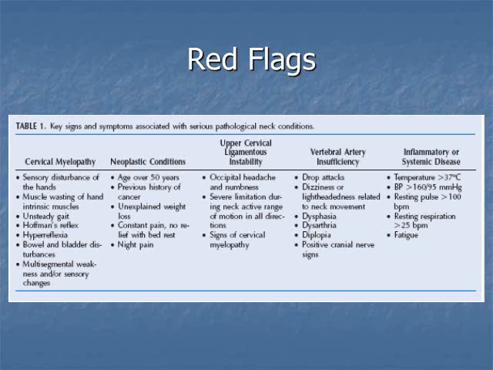Upper ligamentous instability should also be referred out, particularly if it's an acute onset, such as following trauma. Cervical myelopathy, I believe, can be treated by physical therapy, however, may also require additional management, particularly as the condition progresses, especially if you're seeing signs of bowel and bladder dysfunction, or if these signs are, as I said, particularly progressive.